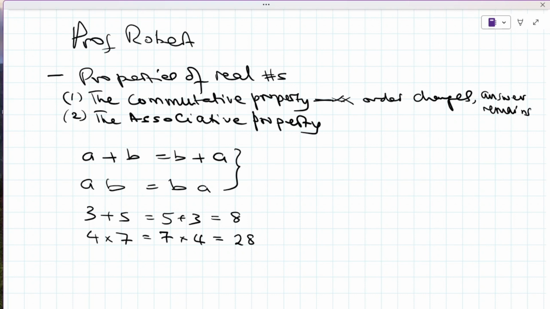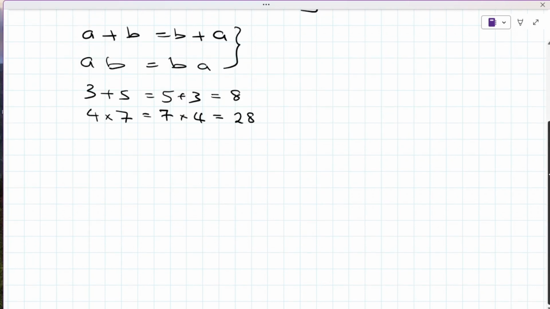All right. Okay, now let's go on to look at the associative property.